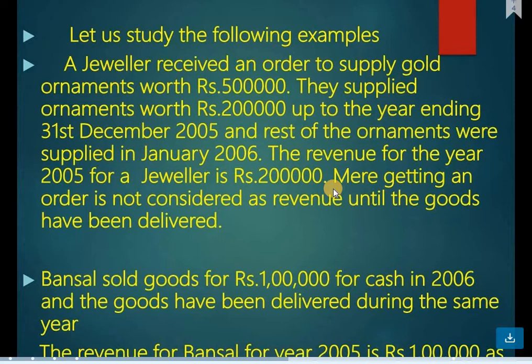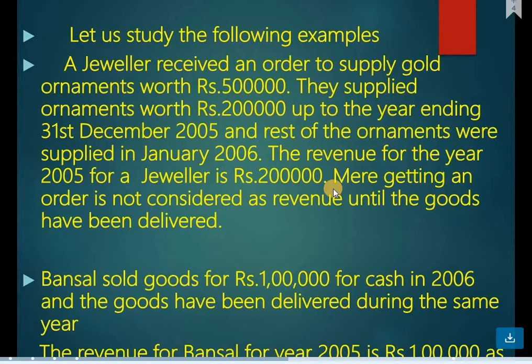They supplied ornaments worth rupees 2 lakh up to the year ending 31st December 2005, and the rest of the ornaments were supplied in January 2006. So by 31st December 2005, we had already supplied 2 lakh. The revenue for the year 2005 for the jeweler is 2 lakh.